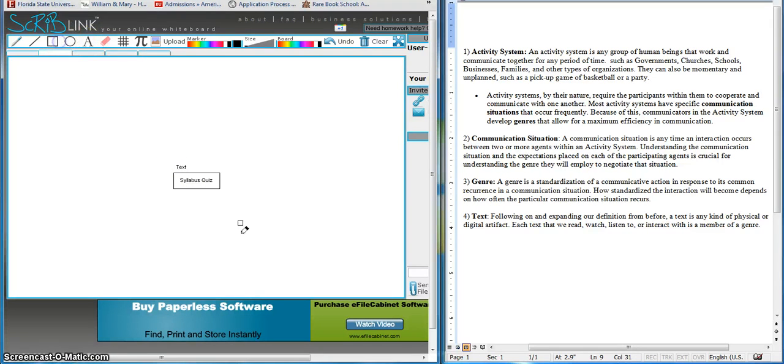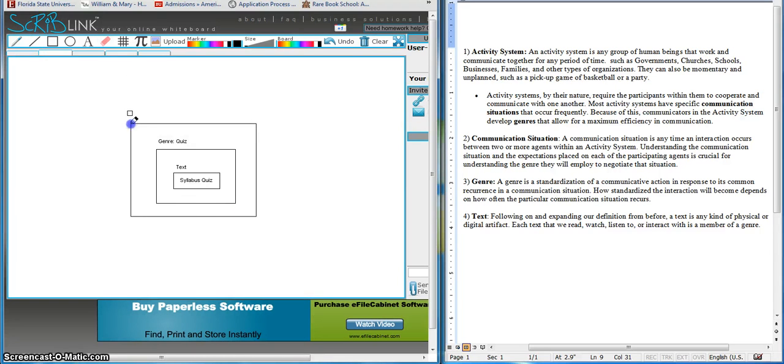And the syllabus quiz, that text, is working in the genre of the quiz that you know so well from having 12 or more years of schooling already. Again, that genre, the quiz, occurs in the communication situation between teachers and students.